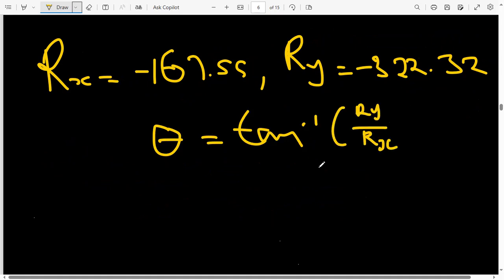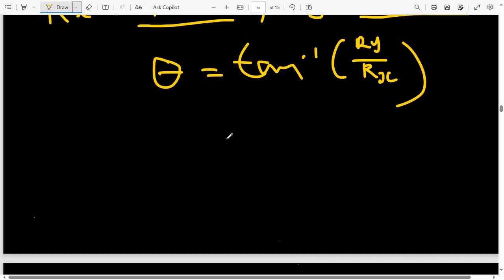But if you don't draw these resultant vectors, you're going to find a wrong angle, because the angle depends on where the resultant vector is. You can only know in which quadrant the resultant vector is by drawing what you have. So this is the x-axis and this is the y-axis.